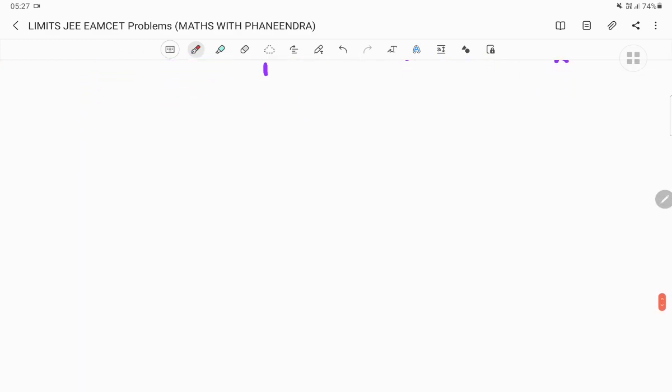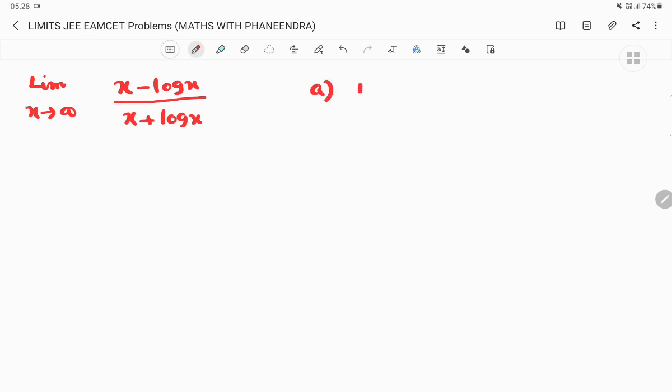This is example 2. Limit x tends to infinity, x minus log x divided by x plus log x. First option 1, second option minus 1, third option 0, fourth option 2.